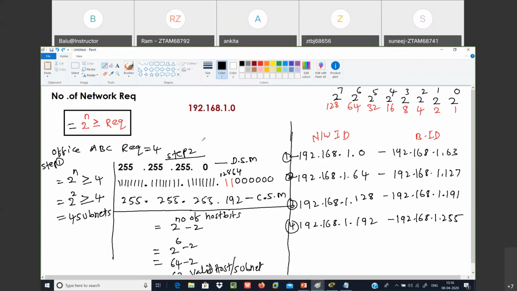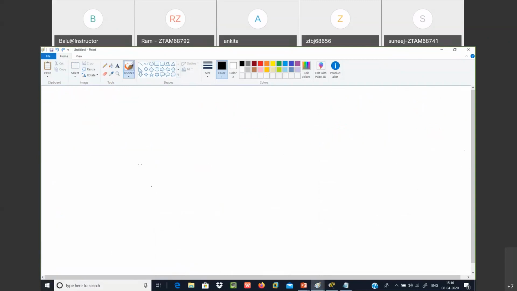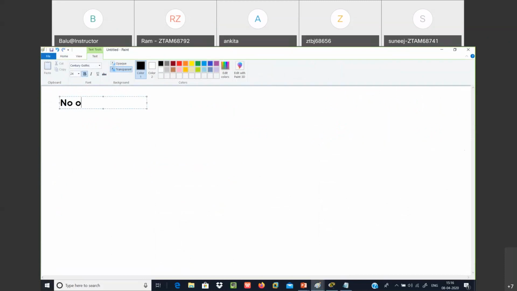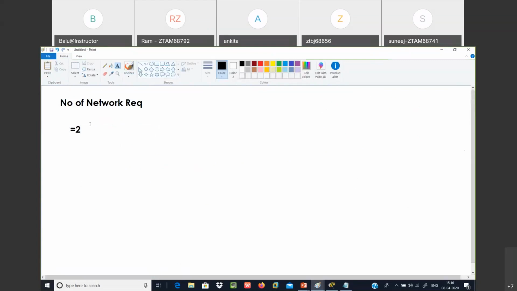Now your task is this: take a pen and paper. Number of network requirement. What's the formula? 2 power n greater than or equal to the requirement.